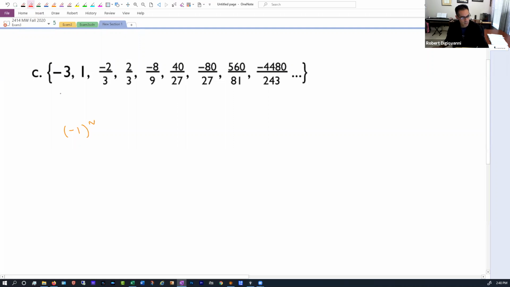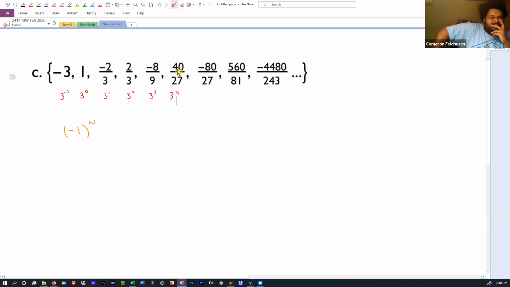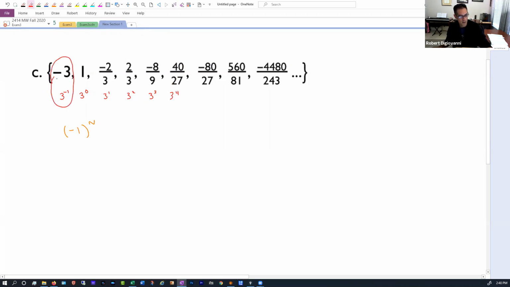If you make the appropriate guess that the first one is 3 to the -1, this one would be 3 to the 0, 3 to the 1, 3 squared, 3 cubed, 3 to the 4th. If you do this, it doesn't match up with these denominators. But that's because there's something from the numerator that's canceling. There's a reduction of the fraction. So then you have to see what you need to rebuild things.